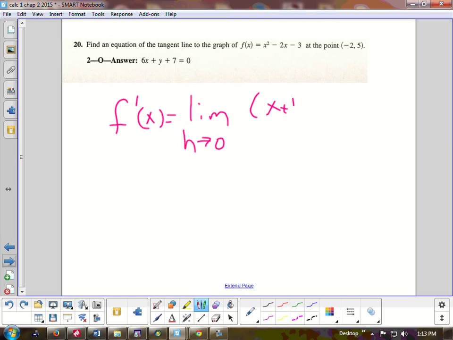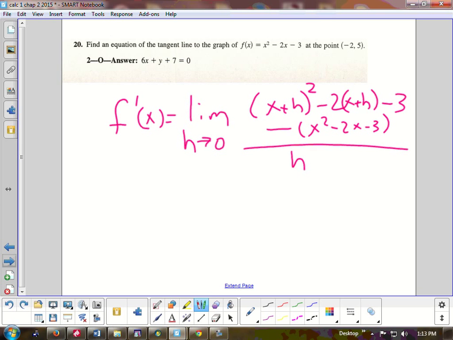So this is (x plus h) squared minus 2(x plus h) minus 3, minus f of x, x squared minus 2x minus 3, all on top of the fraction, and this is all over h. So be careful with this. That wasn't very neat to do. You have to square all that out and distribute.